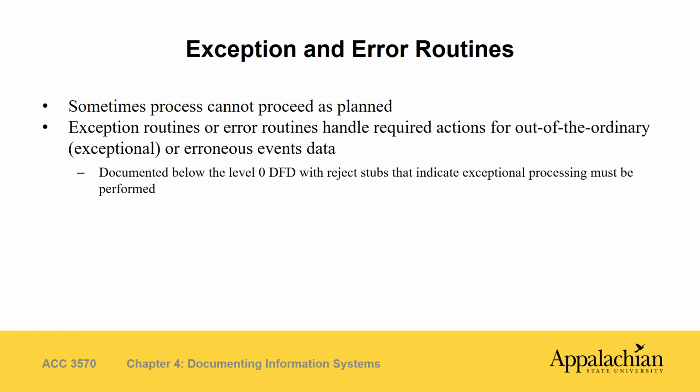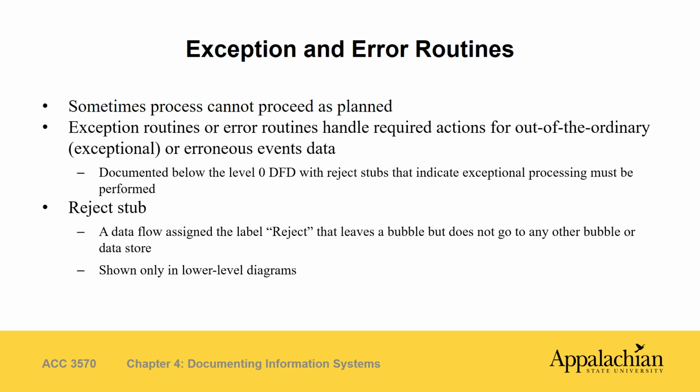There are going to be times when those totals aren't going to match, and you have to have processes for covering those situations. They're documented below the level 0 data flow diagram with a reject stub that indicates exceptional processes must be performed. A reject stub is a data flow assigned the label reject that leaves the bubble but does not go to any other bubbles or data stores.